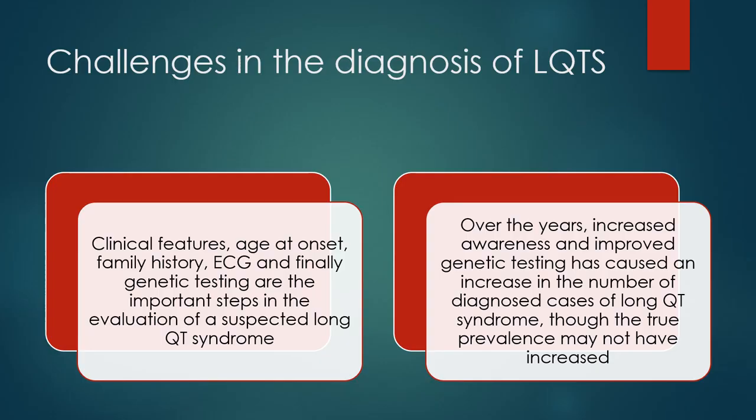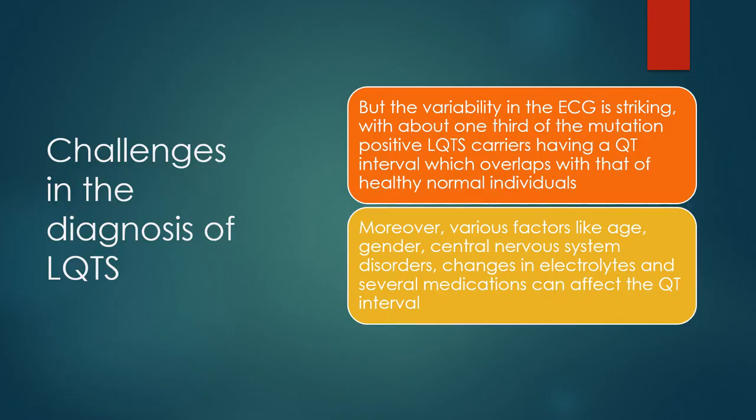Over the years, increased awareness and improved genetic testing has caused an increase in the number of diagnosed cases of long QT syndrome, though the true prevalence may not have increased. But the variability in ECG is striking, with about 1/3 of the mutation positive LQTS carriers having a QT interval which overlaps with that of healthy normal individuals.